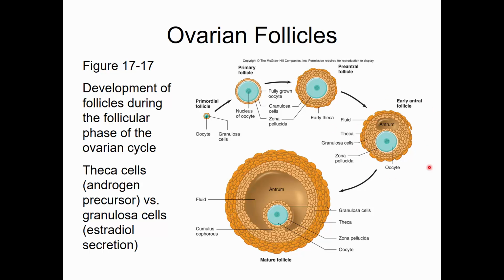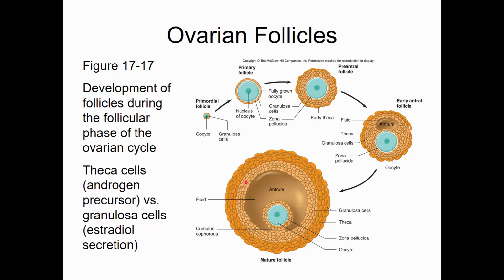And notice as the follicle grows, there's a little cavity that's formed called the antrum. And then when you have a mature follicle, there's a layer of granulosa cells. There's a layer of theca cells. What's the importance of that? Well, the theca cells actually make an androgen that diffuses into the granulosa cells, and the granulosa cells have an enzyme called aromatase.